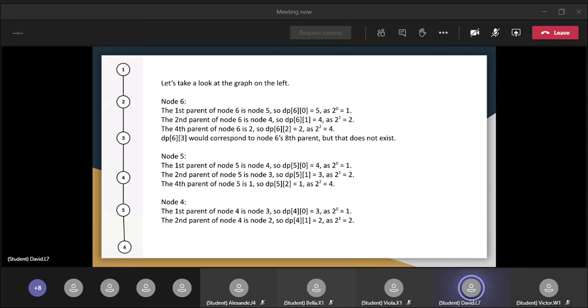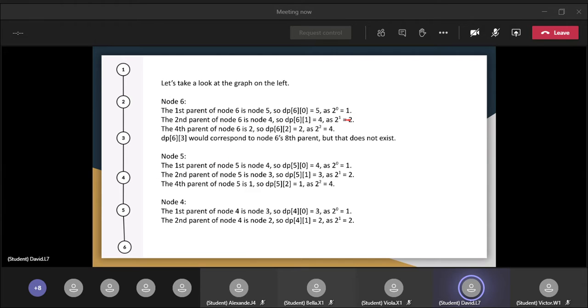So first, let's go over what these DP states mean, right? We have a graph on the left, and it's rooted at node 1. Let's take a look at node 6. The first parent of node 6, down here, is just node 5. So we can say that DP of 6, 0 is 5, because 2 to the power 0 is 1, right? Similarly, the second parent of node 6, 1, 2, is node 4.